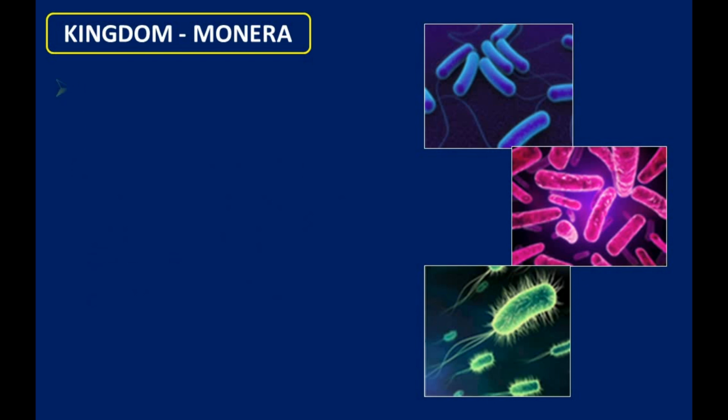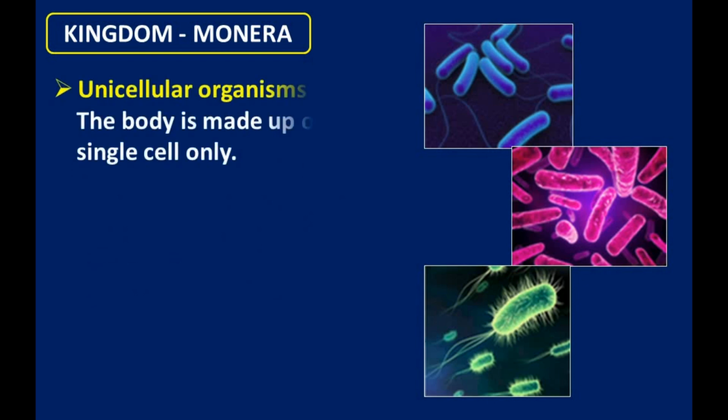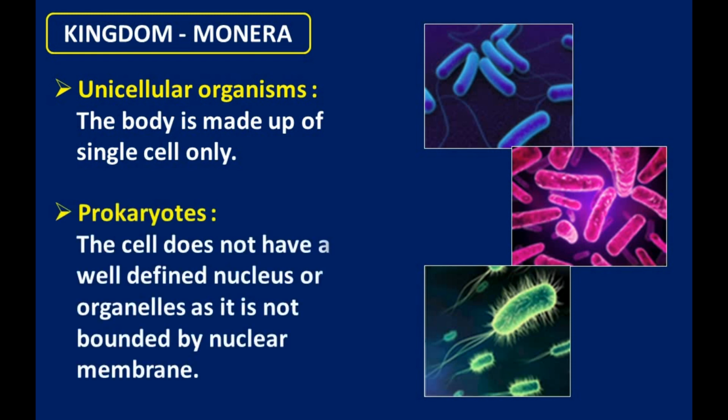So these organisms are unicellular organisms. It means their body is made up of a single cell only. These organisms are prokaryotes. It means they do not have a well-defined nucleus or organelles, as it is not bounded by a nuclear membrane.